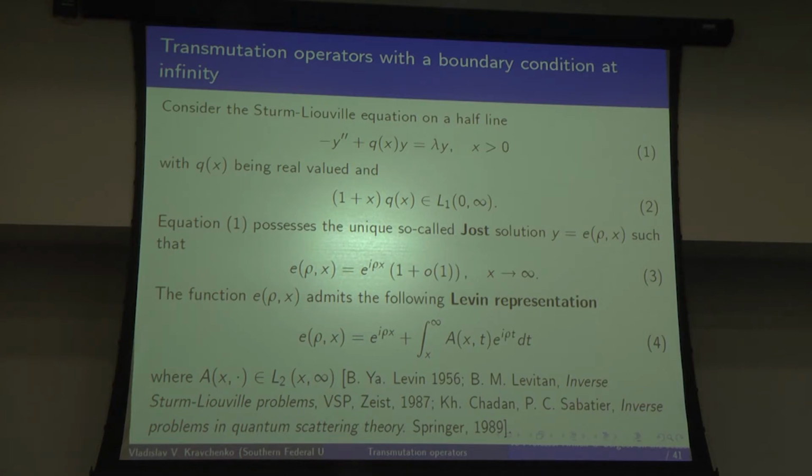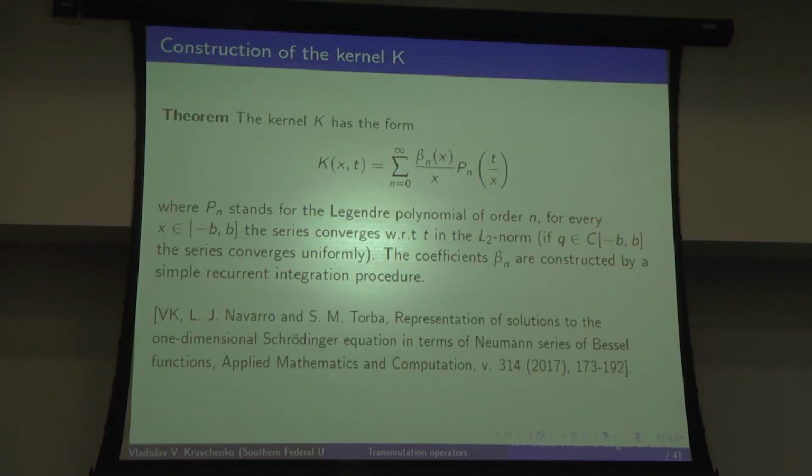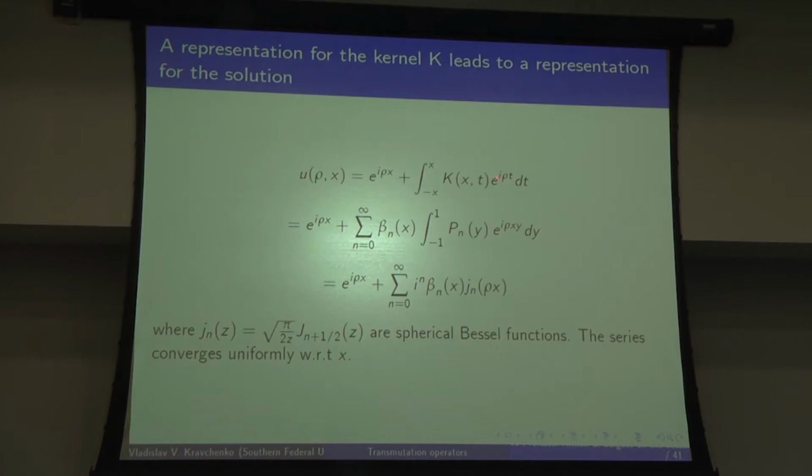So these are three transmutation operators, which in fact, what we do next, we just construct them and use them. So first of all, the kernel K admits this Fourier-Legendre series representation.